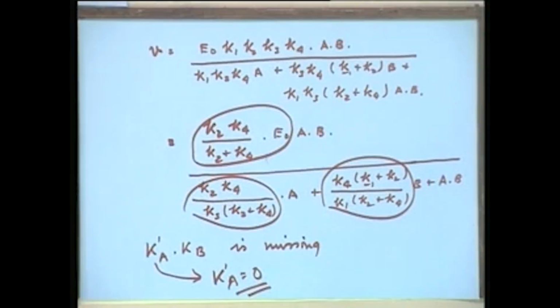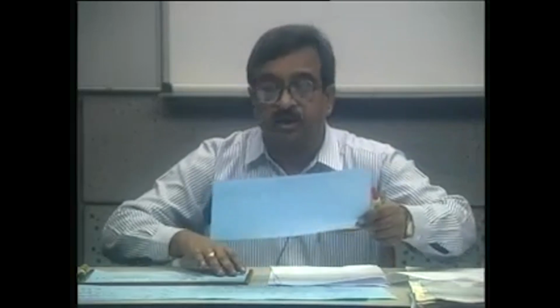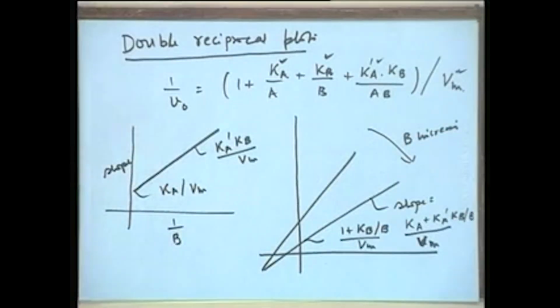You have noticed that earlier when we talked about the analysis of the bi-substrate data based on the double reciprocal plot, and the secondary plots of the slope as well as intercept.